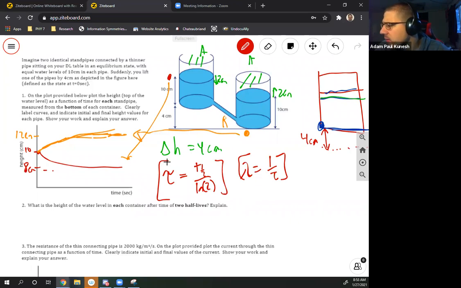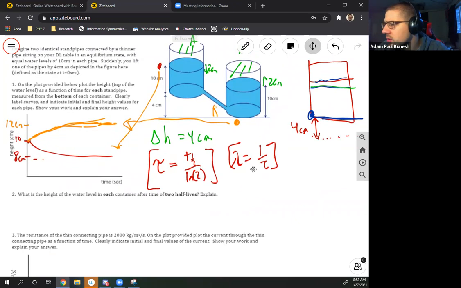So I'm not expected to know any of these directly from this problem, because I don't get to know the resistance of the pipe. So the lambda of this fluid system, similar to our other fluid system, is going to have something to do with rho times g and area and resistance.